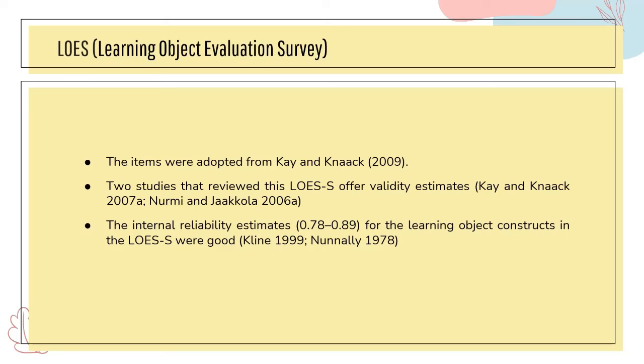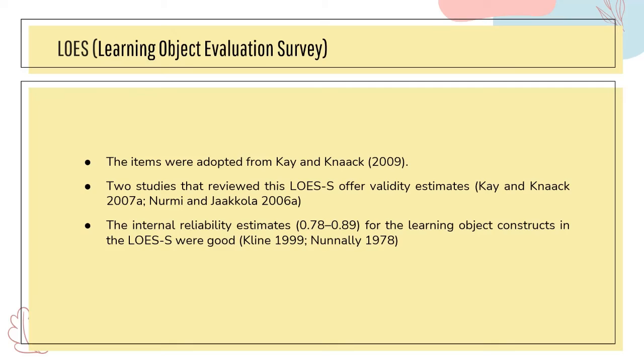In the paper, it is stated that 2 studies have reviewed this survey and offer validity estimates, which are Kay and Knack in 2007A, and also Narmi and Chakolat in 2006A.